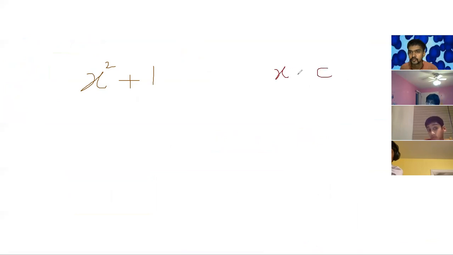If x square plus 1 is the divisor, what do you expect as a remainder? What would you expect as a remainder? Who are the guys who might show up? There's probably going to be an x somewhere, and some number. So can I say it is some bx plus c?